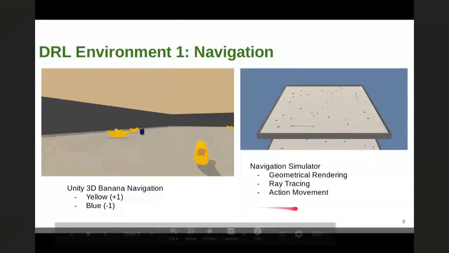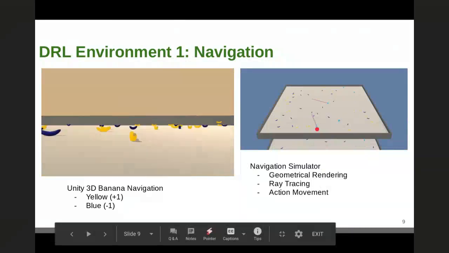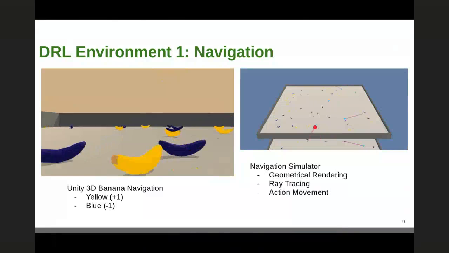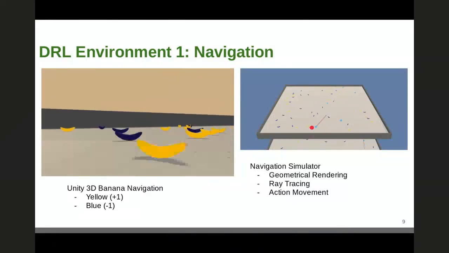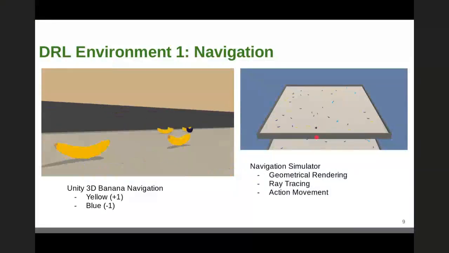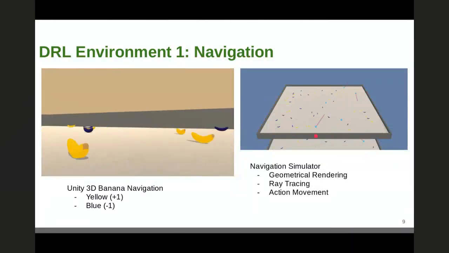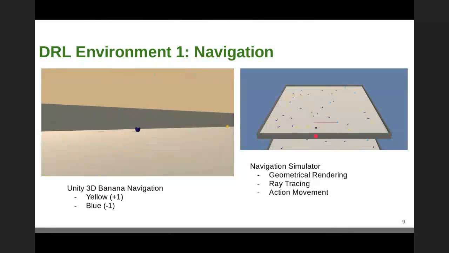You can see this small box here. They actually have some observations of ray tracing, the distance of the object, the distance of the wall, and your velocity. So the total observation state is equal to 37.